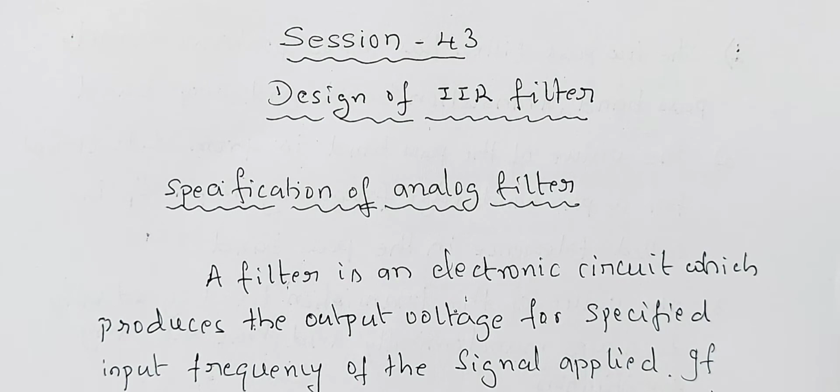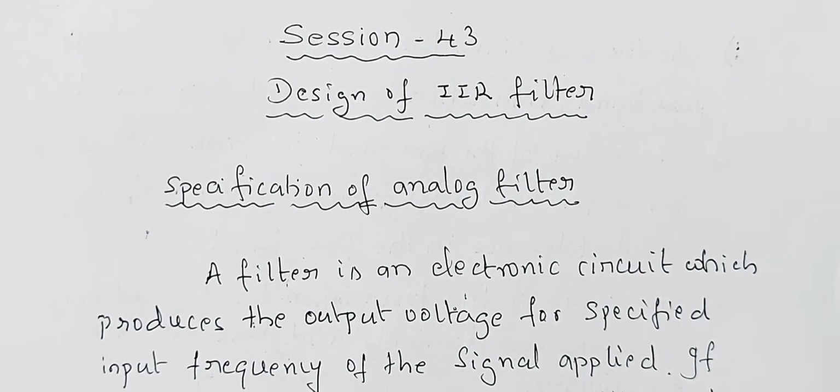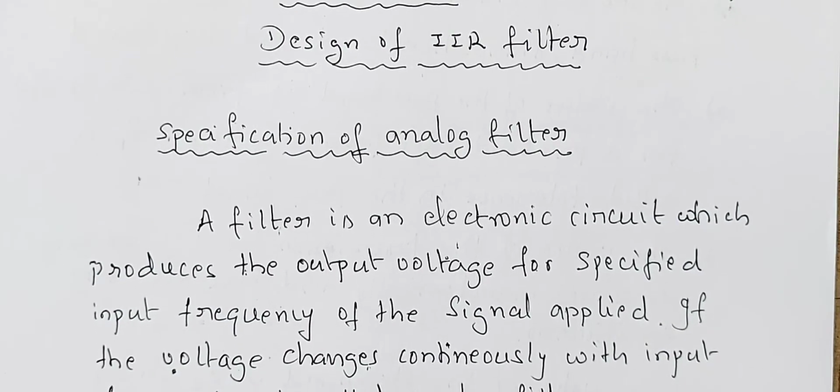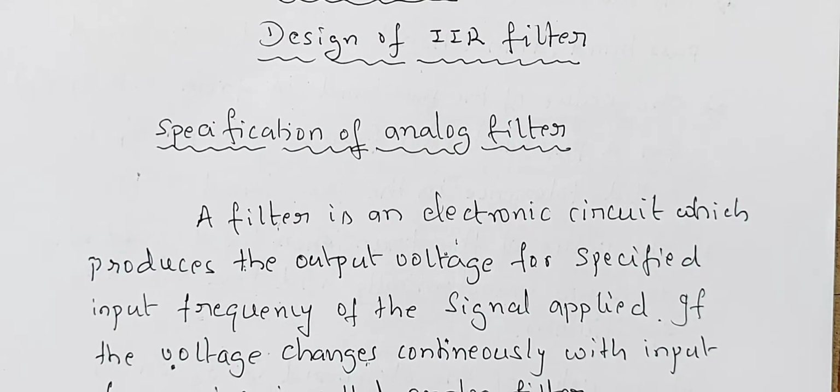What is actually a filter? We know that a filter is an electronic circuit or device which produces the output voltage for a specified input frequency, in which the input frequency is the signal frequency.